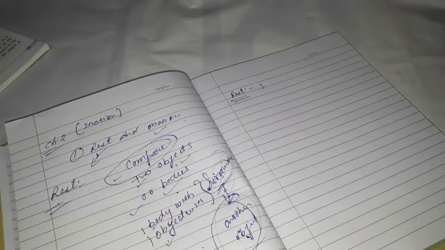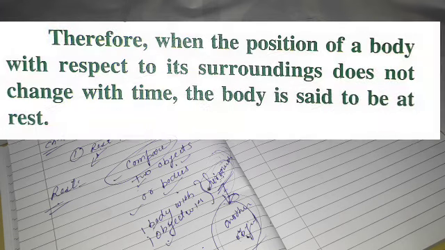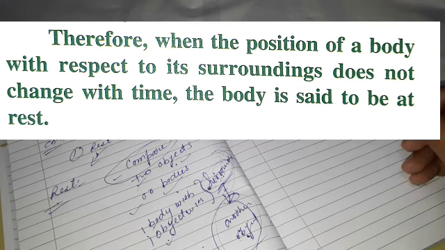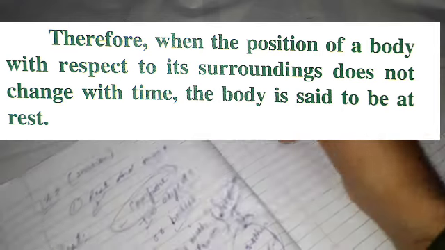Class, now you can see the definition of rest: when the position of a body with respect to its surroundings does not change with time, the body is said to be at rest. What is the meaning of that?